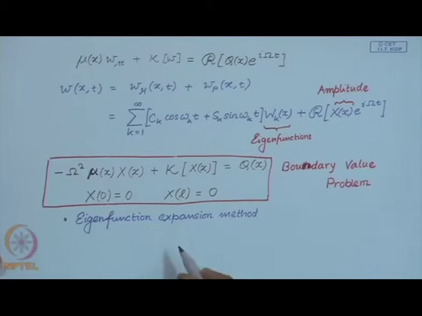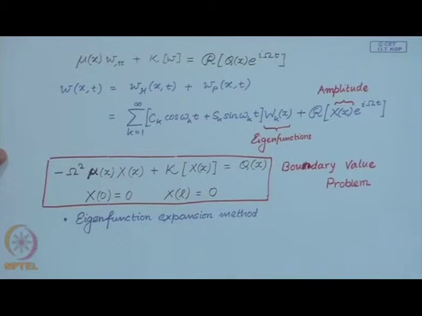This works on the premise or the fact that for self adjoint problems you have the eigenfunctions which are all real and which form a complete basis for the system. By complete basis I mean that any configuration or shape of the system can be represented in terms of these eigenfunctions, and we have been looking at this method in the past few lectures.